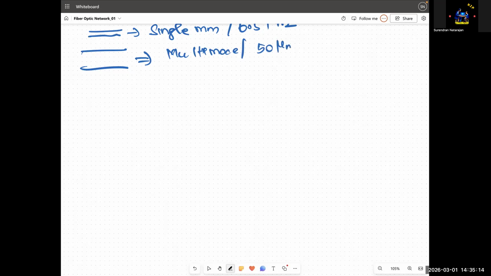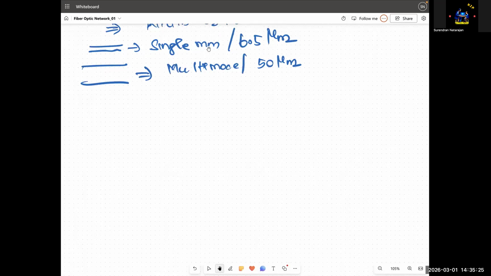The size is increasing. Single mode is 6.5, very less. The width of the road is very small. Here the width is quite big.